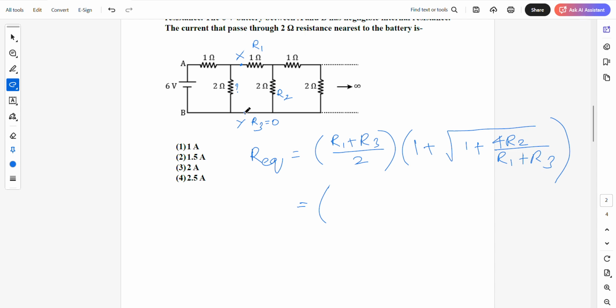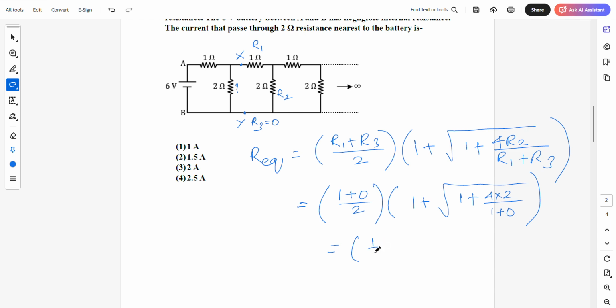R3 is 0, so it is 1 by 2 into 1 plus square root of 1 plus 4 into 2 divided by 1 plus 0.